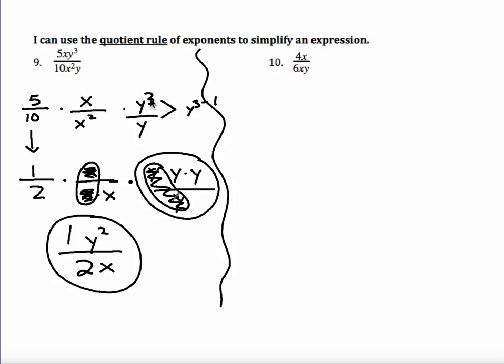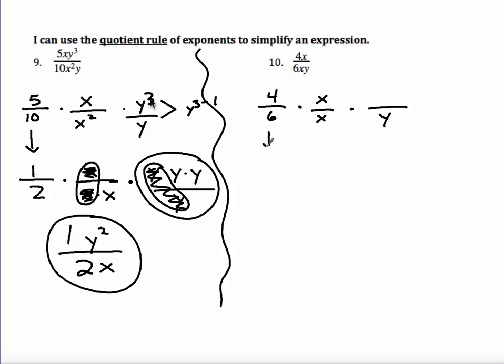Okay, so number 10. Again, I'm just going to separate out the pieces that are alike. Notice that when I get over here to y, there's nothing that is a y term to put on top of it, so it's not going to cancel with anything. It's just part of my fraction that happens to be hanging out on the bottom.